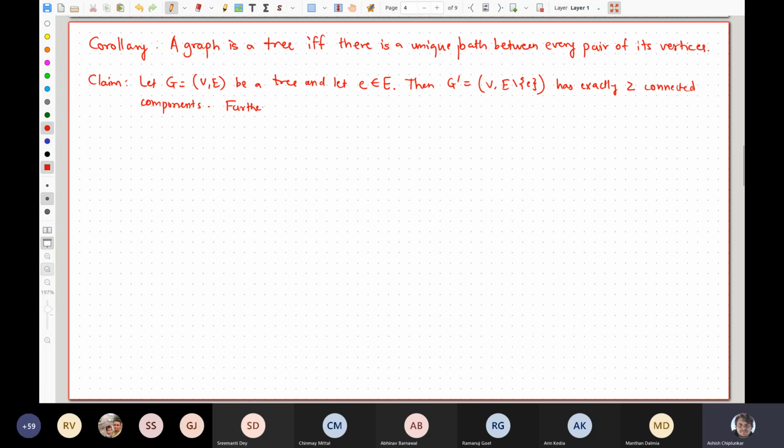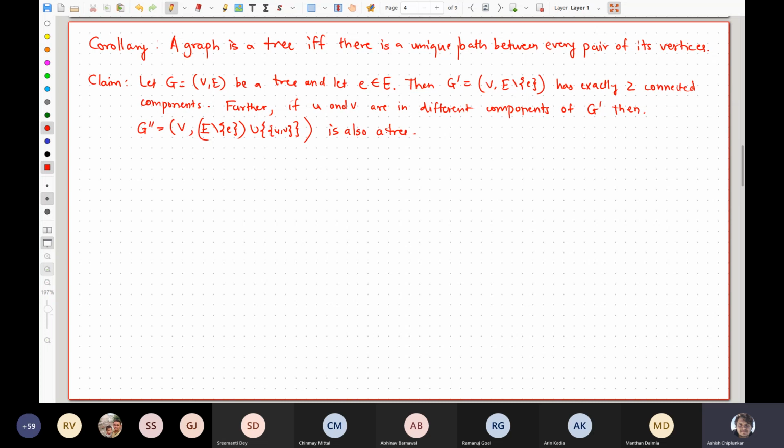Further, if u and v are in different components of G prime, then G double prime, which is equal to V, the same set of vertices, with E minus e, and now I'm adding another edge, which is uv, is also a tree.